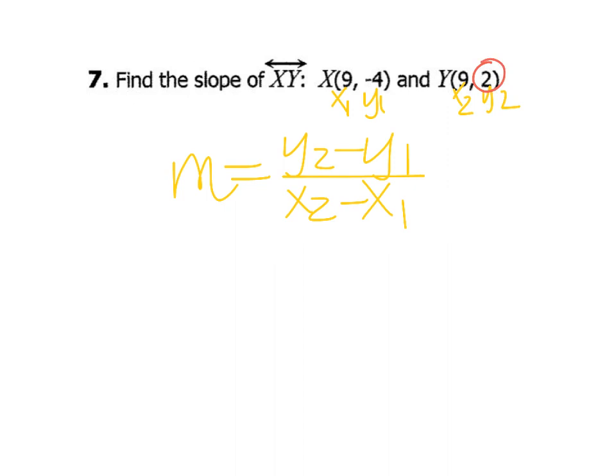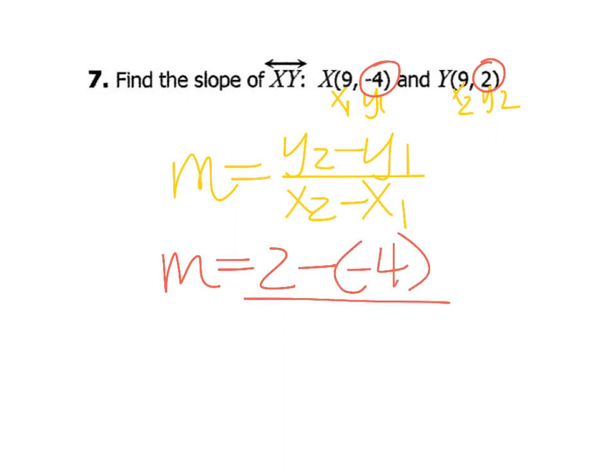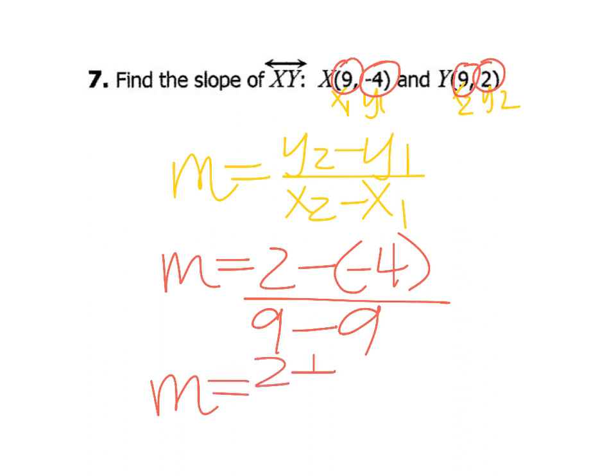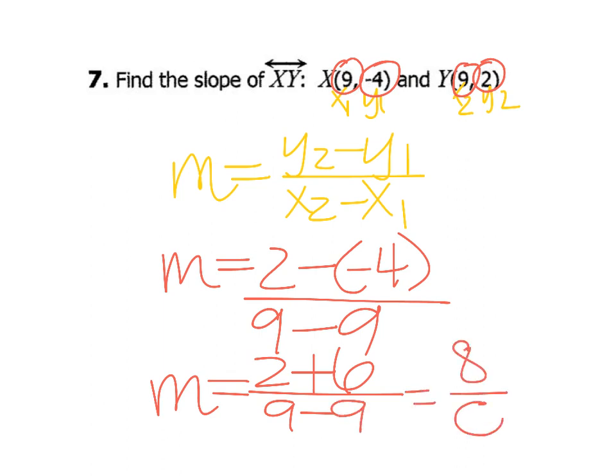So y2 is 2, so we're going to say m equals 2 minus -4 over x2, which is 9, minus x1, which is 9. So we simplify this and we get 2, change it to plus 4, 2 plus 6 is 8 over 9 minus 9. 2 plus 6 is 8 over 0.